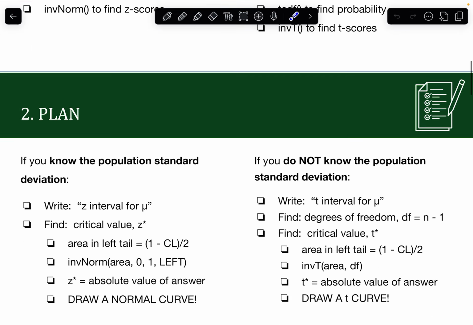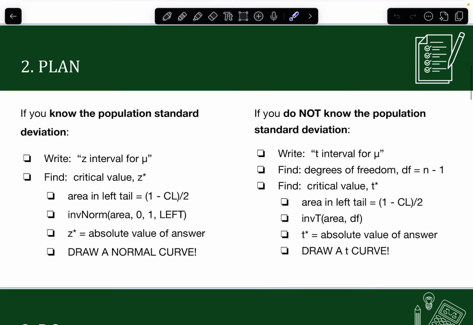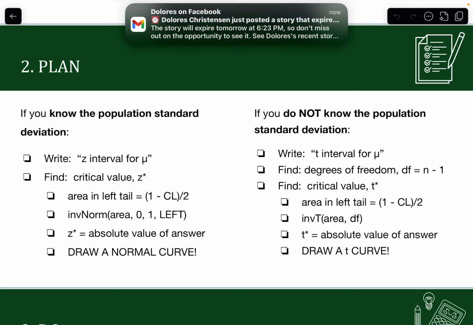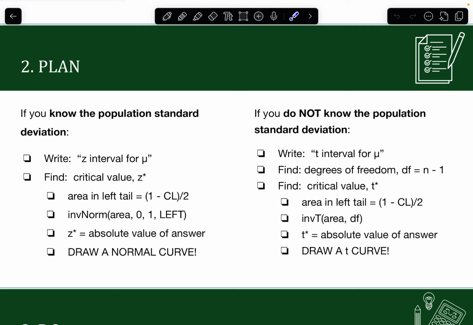So let's go through the 3 steps that may look a little bit different. We know we're doing state, plan, do, conclude. We know state is just breaking down everything that was given in the problem and putting it down on the page. For plan, you're going to state the method that you're using.